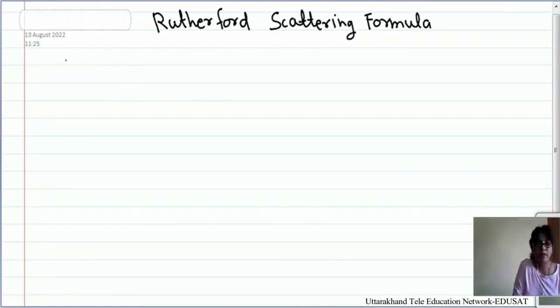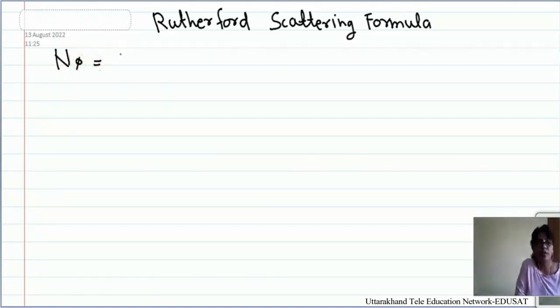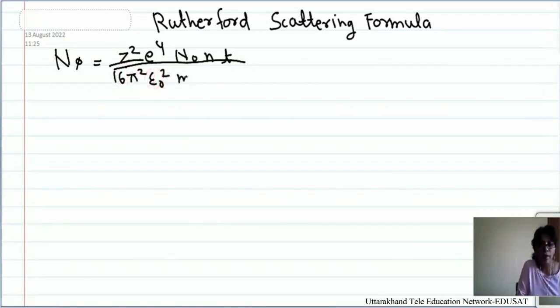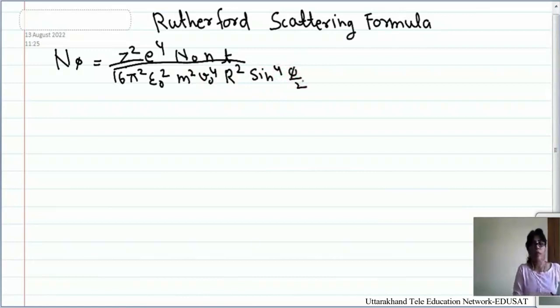Again we will write it as N(phi) is equal to Z square e to the power 4 N naught n t divided by 16 pi square epsilon naught square m square v naught to the power 4 R square and then sine to the power 4 phi by 2. So this is the formula for the scattering.